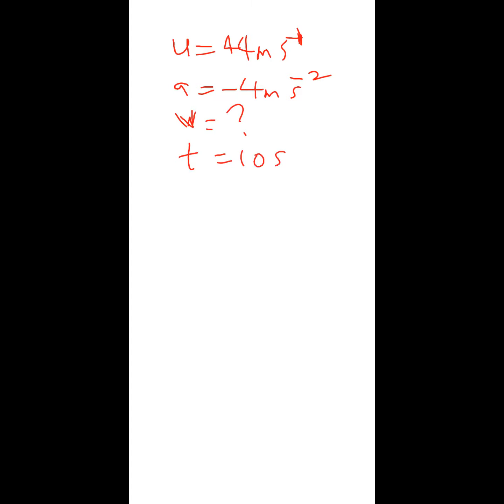Of course, you remember the equation that says v is equal to u plus at. That's what we are going to use, where v is the final velocity we are looking for.